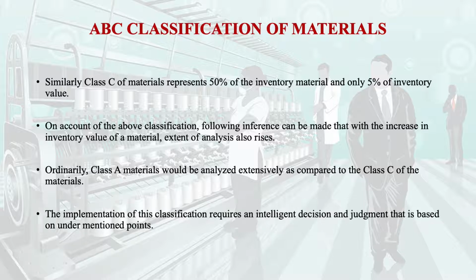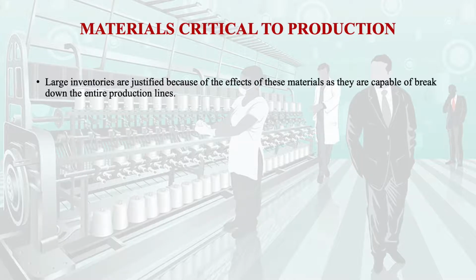The implementation of this classification requires an intelligent decision and judgment based on the under-mentioned points. The materials critical to production: large inventories are justified because of the effects of these materials, as they are capable of breaking down the entire production line.